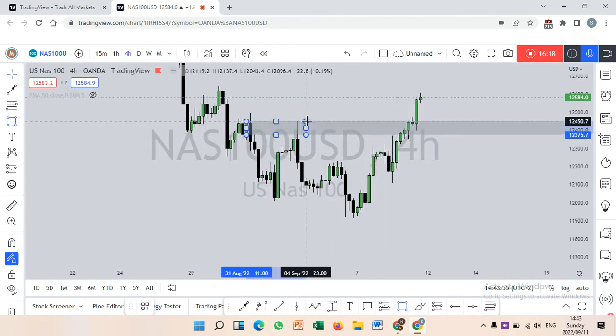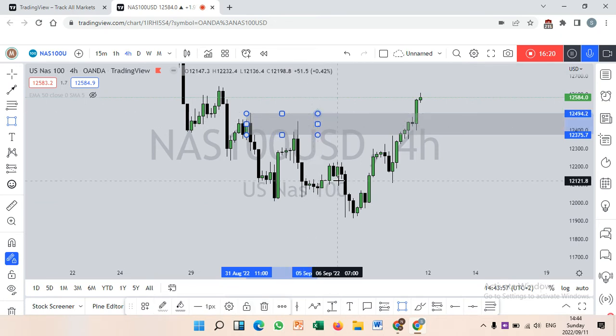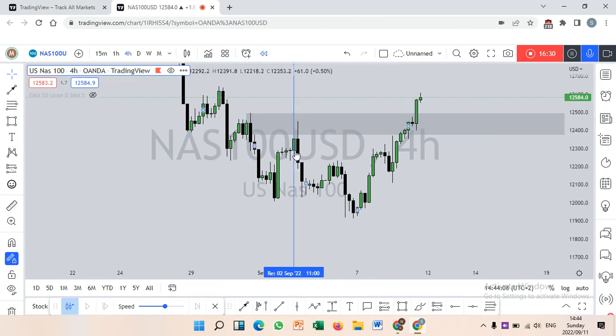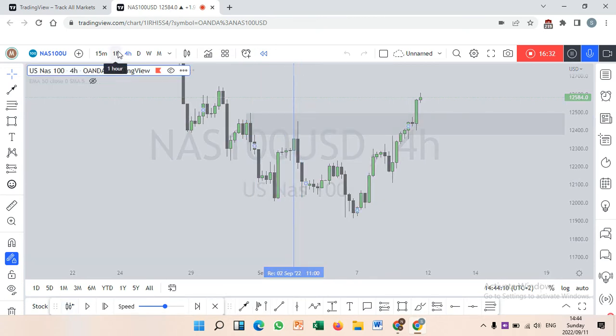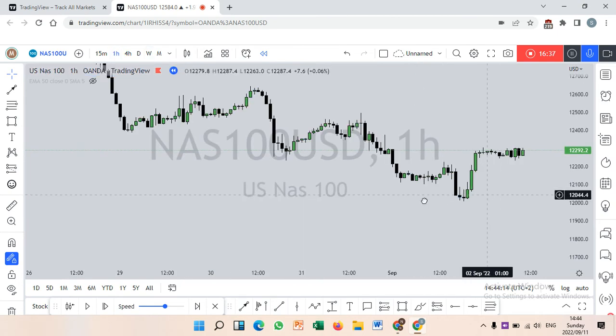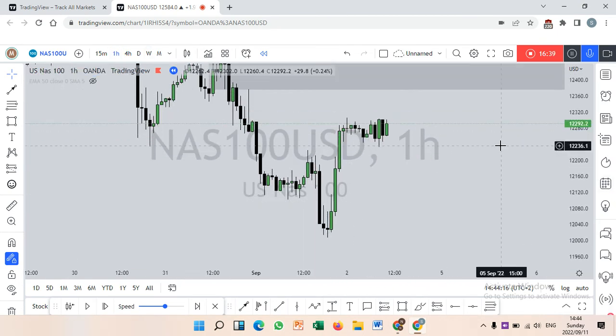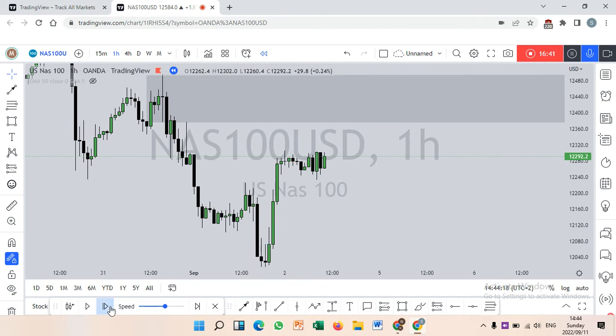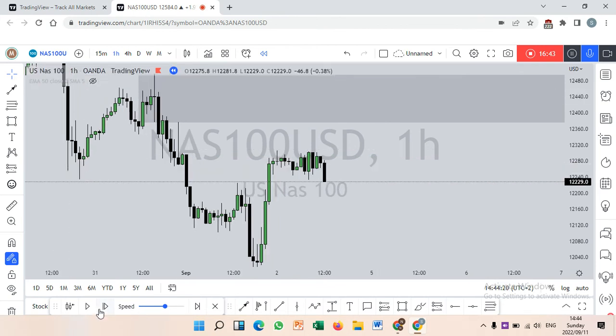I hope you guys can see this order block right here that was created. Break of previous structure, retest right over here. Look for a push up.